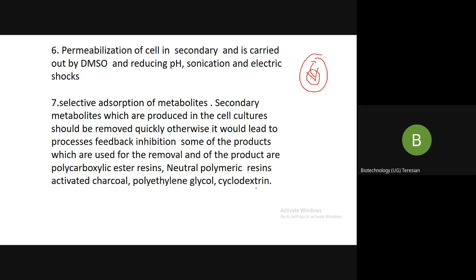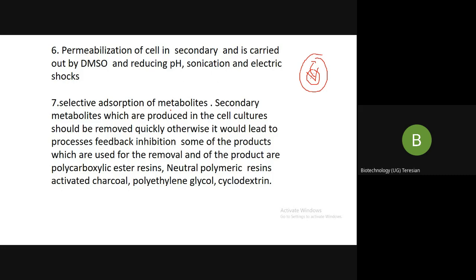So I'll explain again. This is another parameter called selective adsorption of metabolites. What is happening is, when the secondary metabolites are produced in your media or in the in vitro culture, immediately you have to start to remove the secondary metabolites.